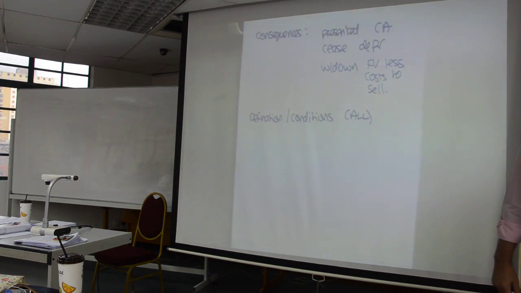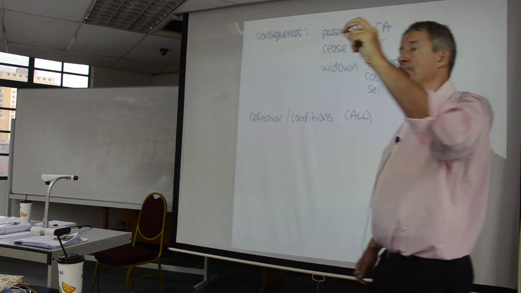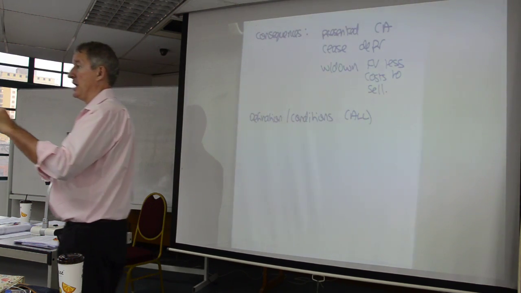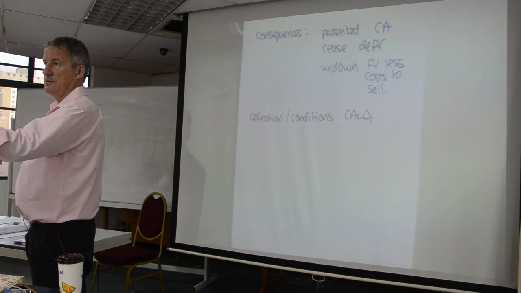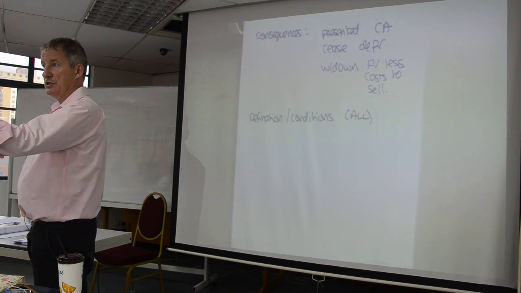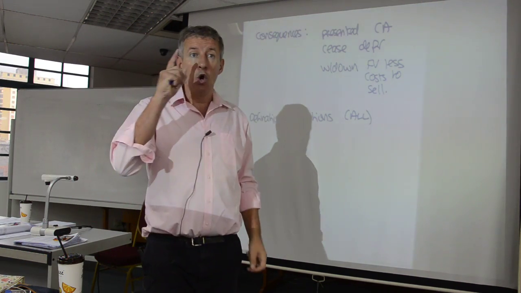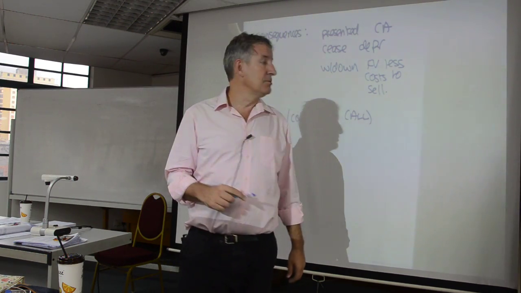The asset must be in a suitable condition for immediate sale. The building is vacant. The asset works. And you're offering it for sale at a reasonable price. So you're not being greedy.